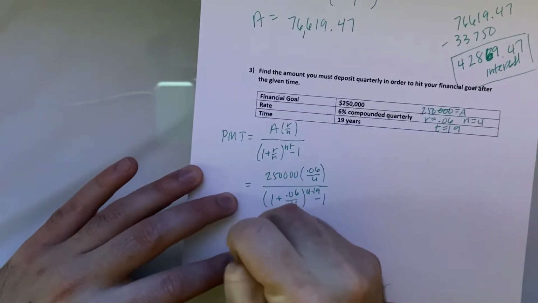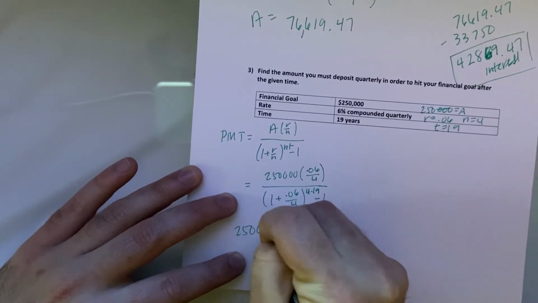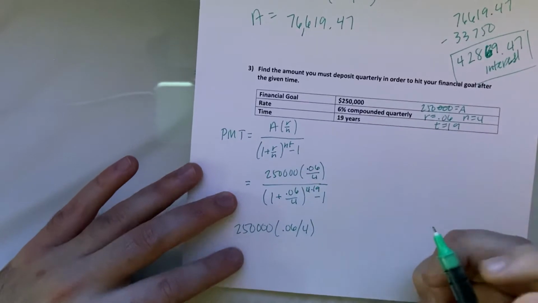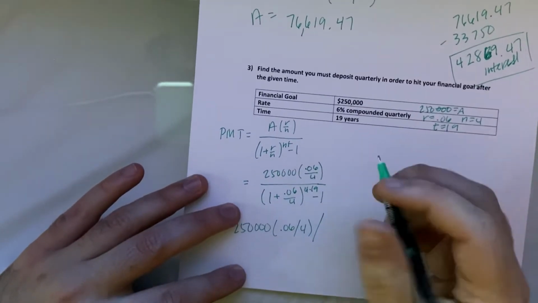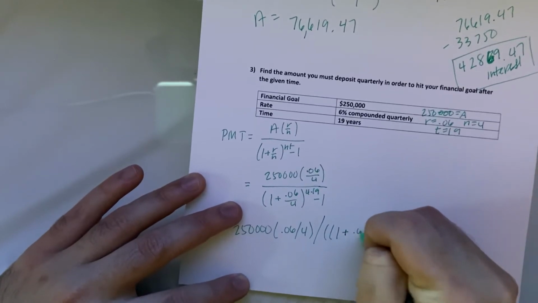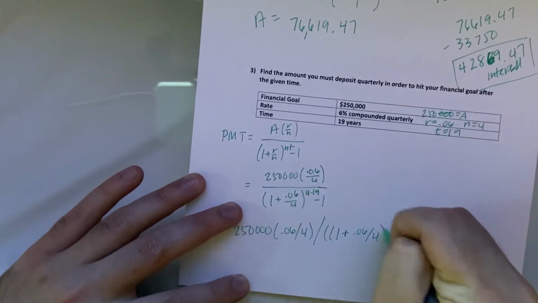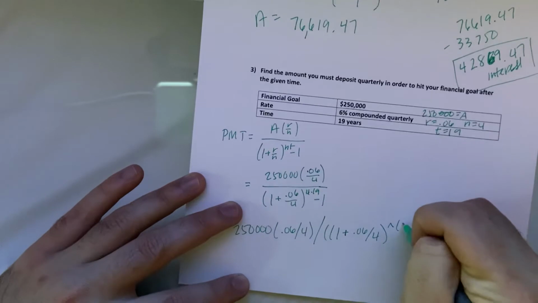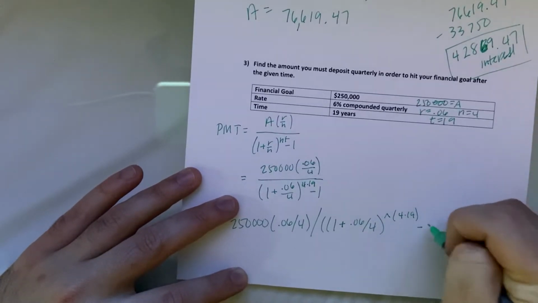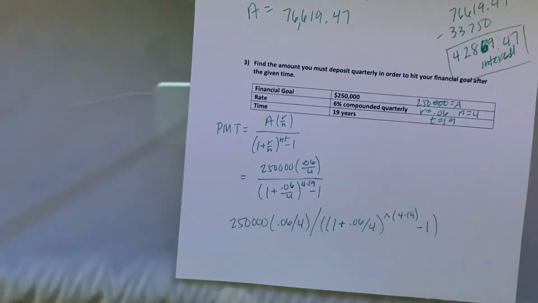So we've got 250,000 times 0.06 over 4 divided by parentheses 1 plus 0.06 over 4, close parentheses, caret, parentheses 4 times 19, close parentheses, get out of your exponent, minus 1, close the last parentheses. So we put that into the calculator.